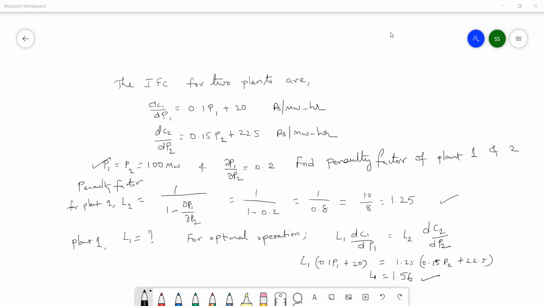Rajeshri. 213 Rajeshri. Okay, doing. Yeah, Shiva. Okay, doing. Having the same answer 1.56. Okay, okay.